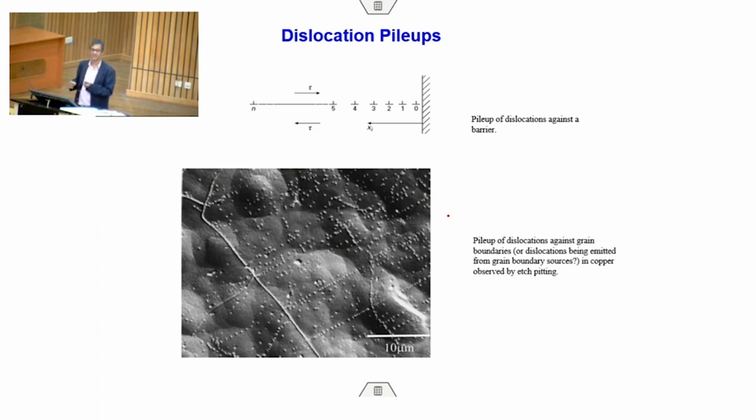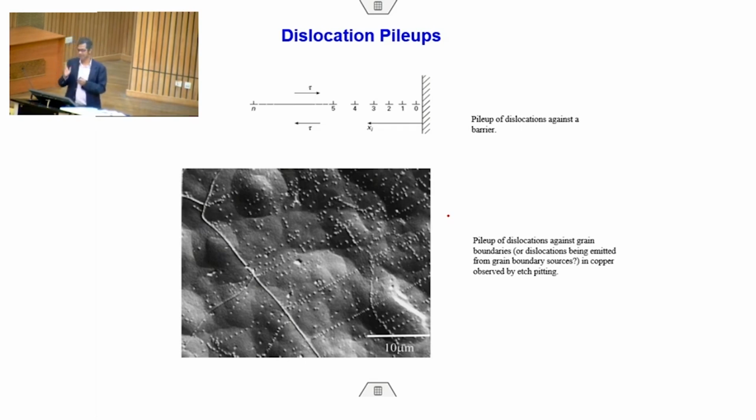That is not easy at normal temperatures. That happens only at high temperature, when dislocation can climb over these kind of obstacles. Just like in hurdle races, the person comes and jumps over each hurdle and moves. That is possible for dislocations at high temperature, not at normal temperatures.